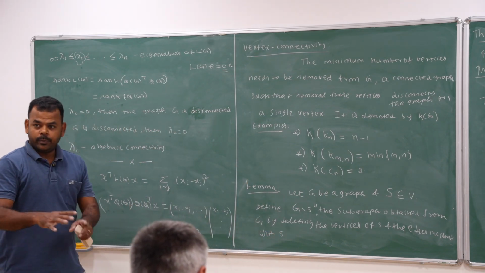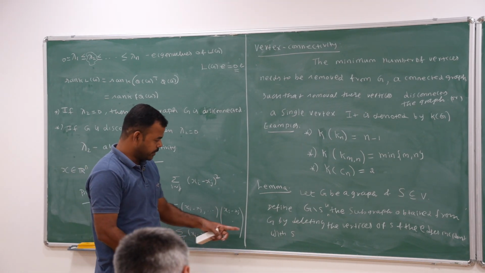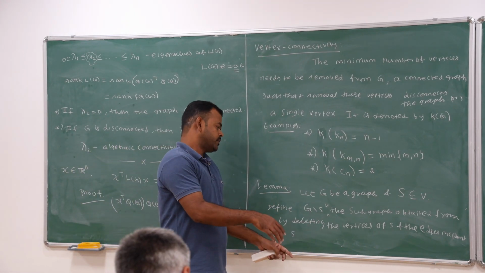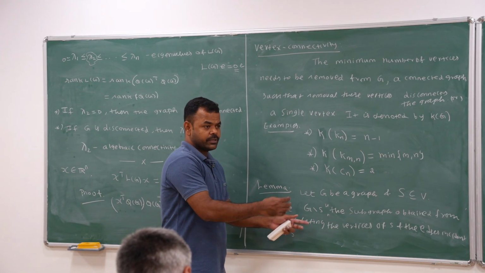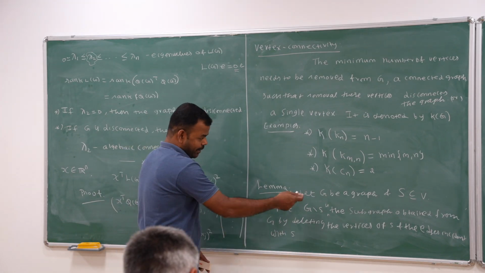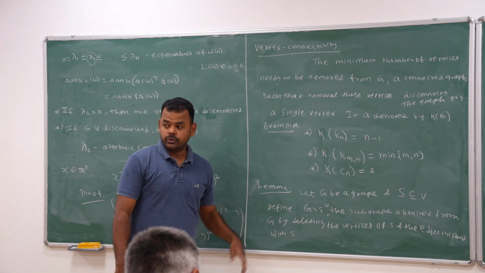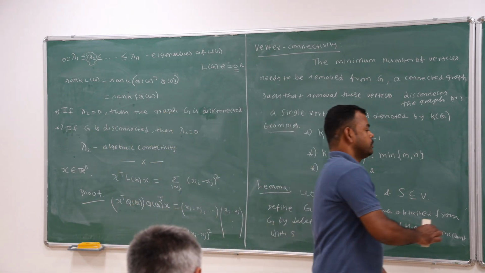You take a graph and you pick a subset of vertices. By G minus S I mean remove all the vertices in S and then remove all the edges which have an endpoint in S. So we can compare the algebraic connectivity, the second smallest eigenvalue, of these two graphs. What's the connection?